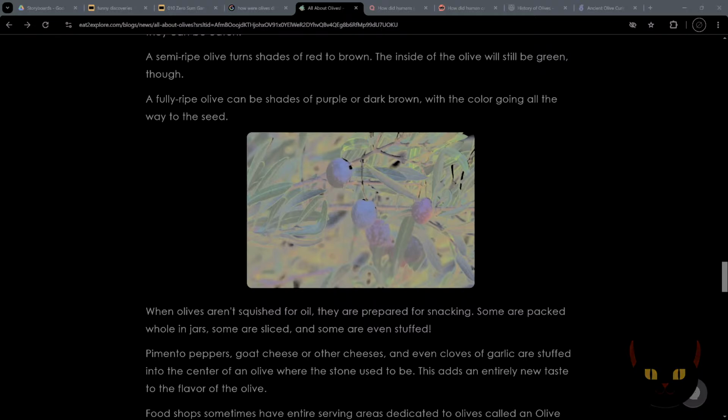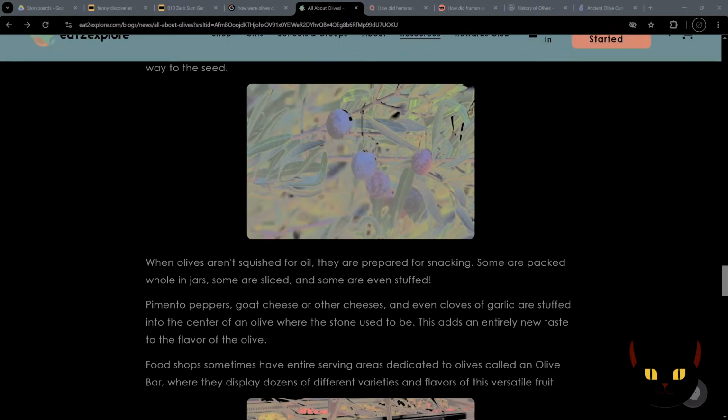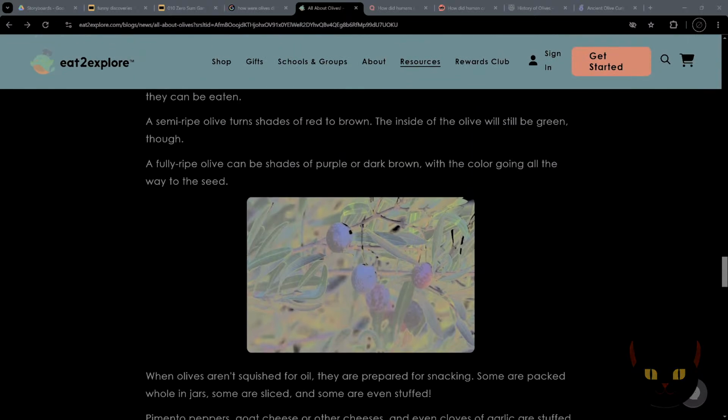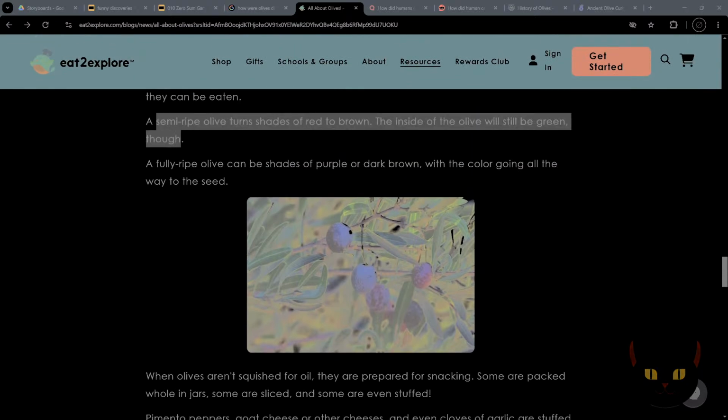See, the olives that I'm eating for my snack today are a little bit on the red side. They're not quite all the way ripe. If they're ripe, they would be darker.